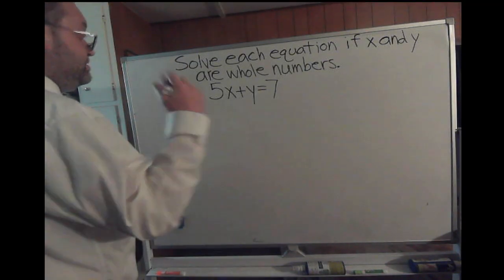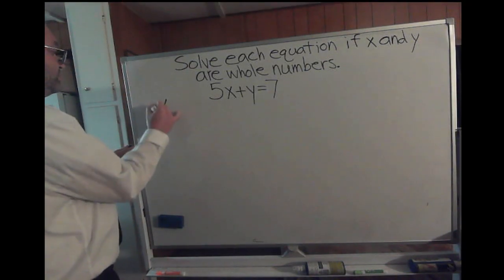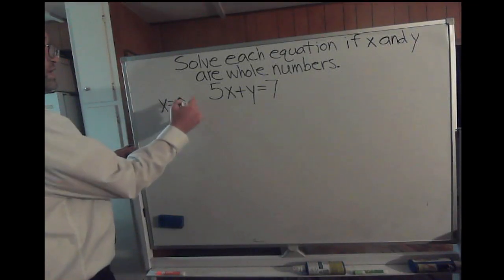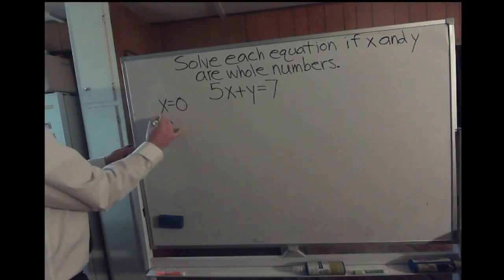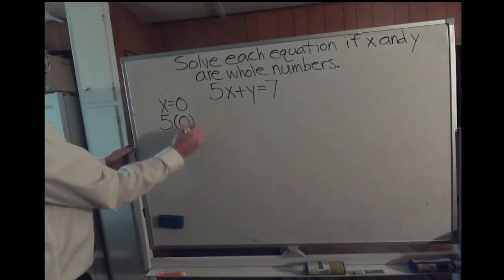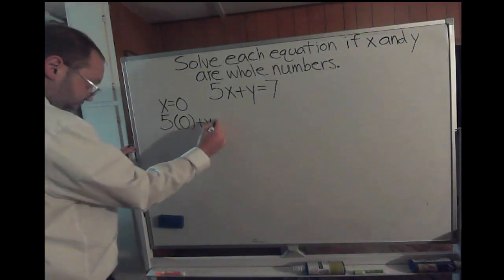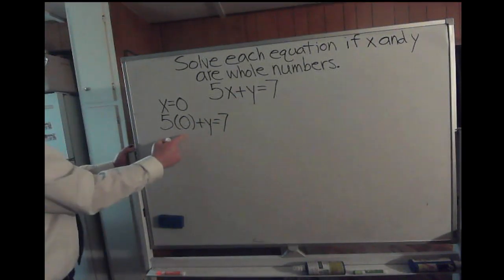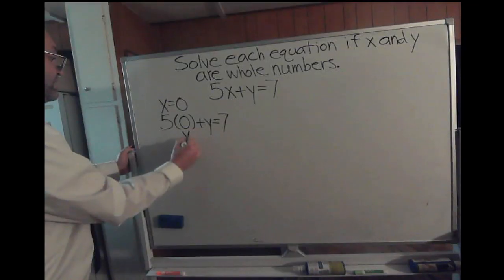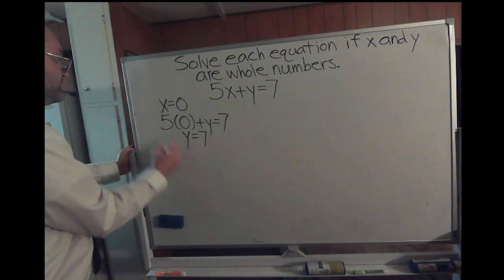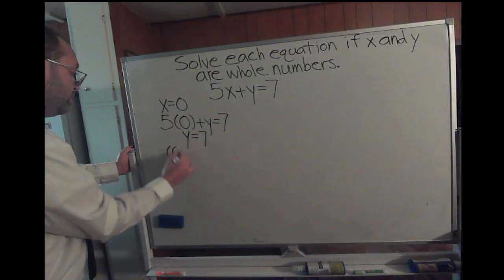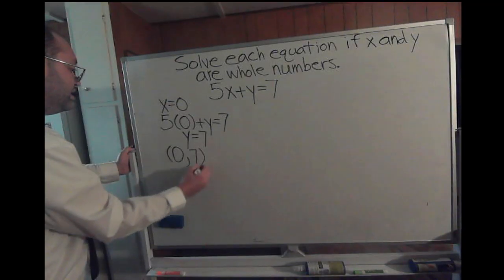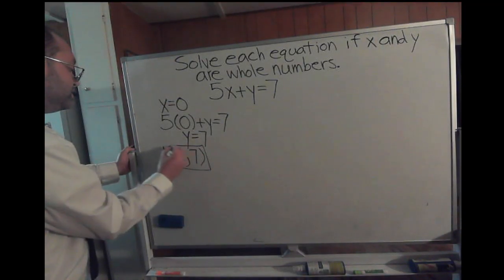So, like any good place to start, let x equal 0. So you'll make it 5 times your x value of 0 plus y equal to 7. Well, 5 times 0 is 0. That leaves you with y equals 7. So when x is 0, y equals 7. Therefore, you get the ordered pair 0, 7.